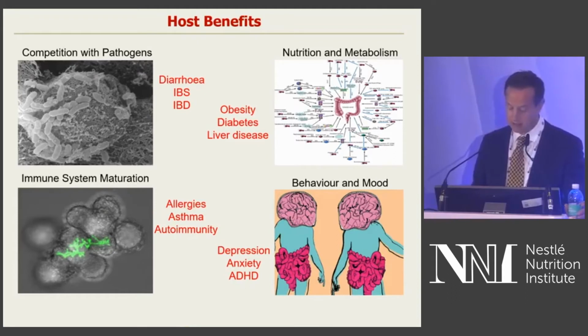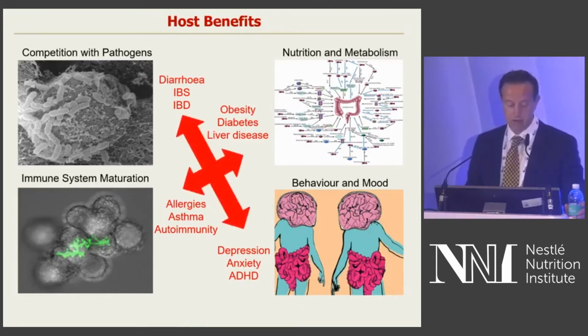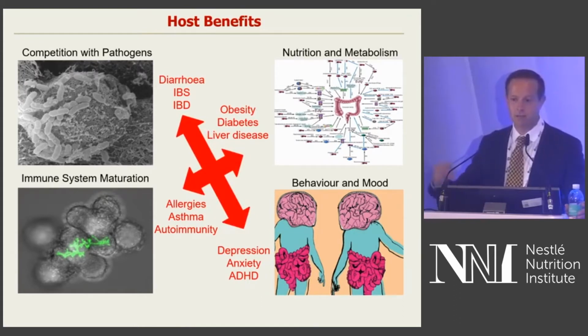There's a lot of work coming out about this. And, of course, all of these are interactive. And so at the previous session, we were talking about the overlap between obesity and asthma, with the microbiome as one of the central axes for how that is mediated, and I think that's very true.